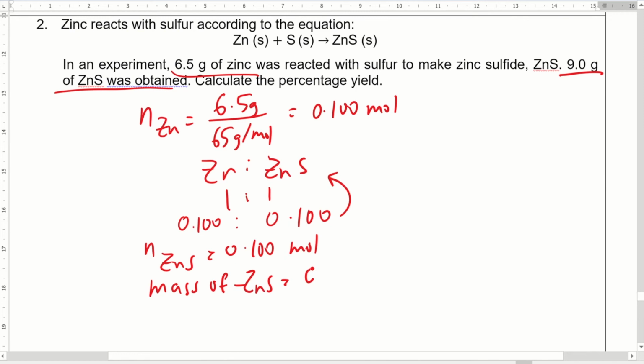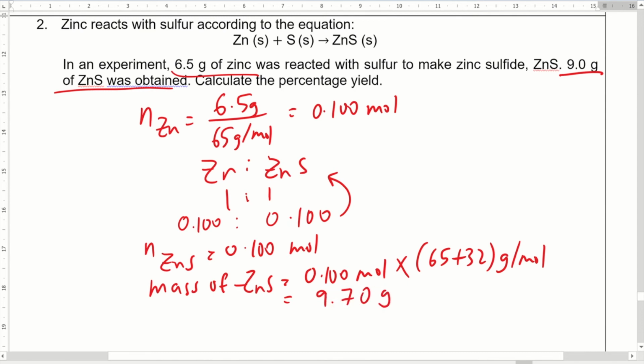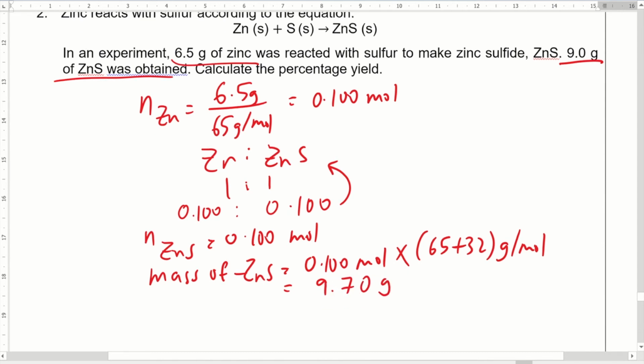Number of moles multiplied by the molar mass, which is 65 plus 32 gram per mole, equals 9.7 gram.